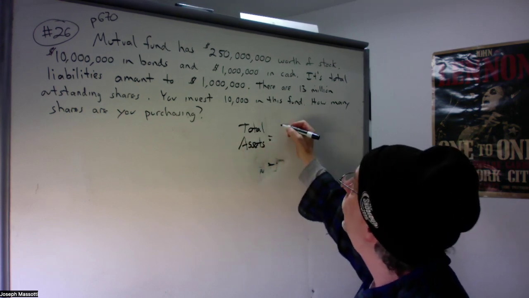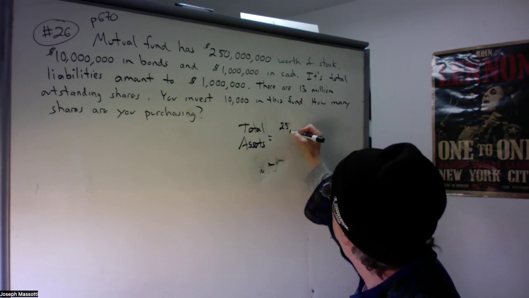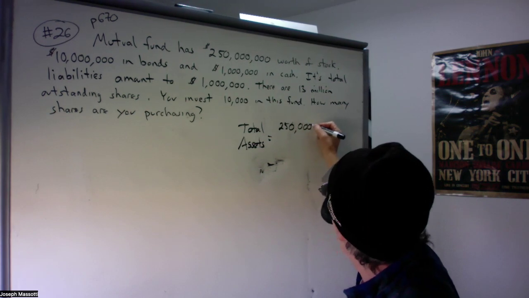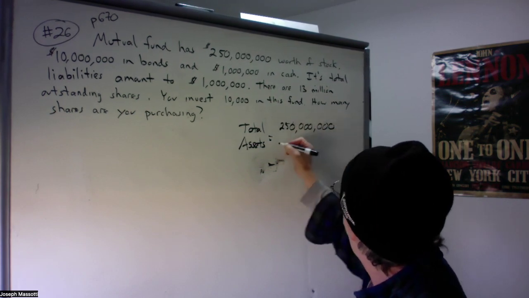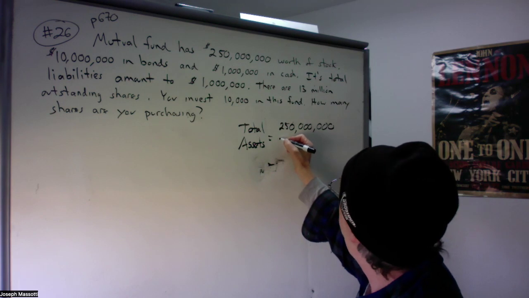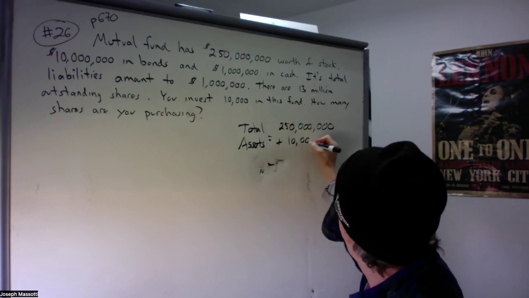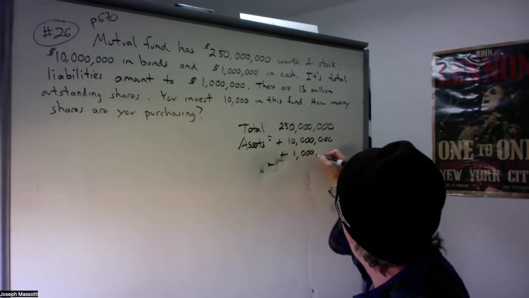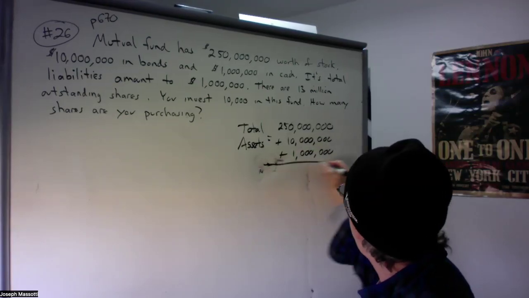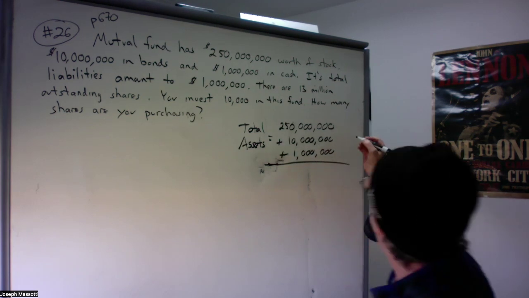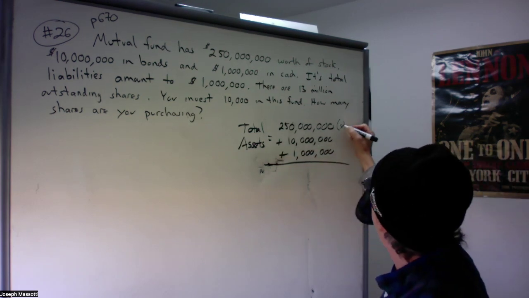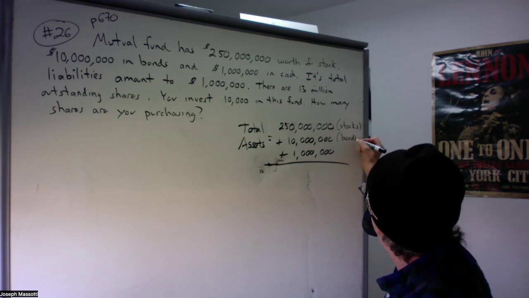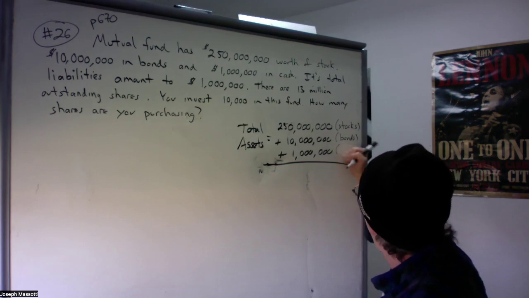We're going to have 250 million plus 10 million in bonds plus 1 million in cash. So this is stocks, bonds, and cash.